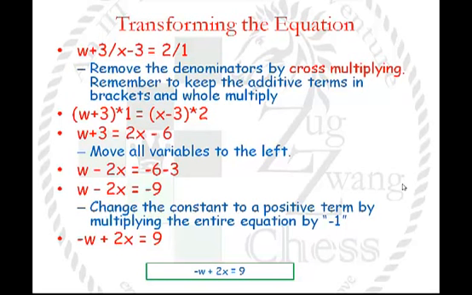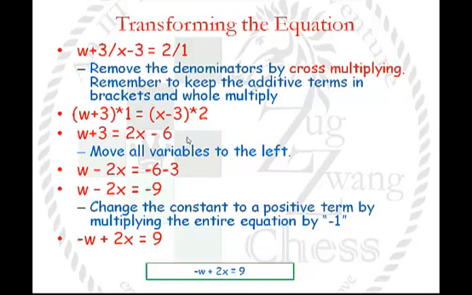Okay, now let's go to the second equation. Here it's (W plus 3) divided by (X minus 3) equal to 2 by 1. Again, it's not in the regular form because it has denominators. In order to remove denominators, you need to cross multiply. When you cross multiply, the equation transforms into W plus 3 equal to 2X minus 6. Now move all the variables to the left and all the constants to the right.